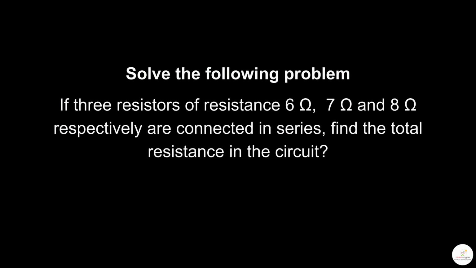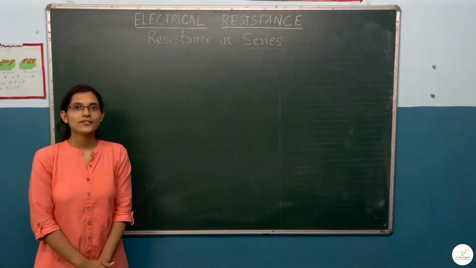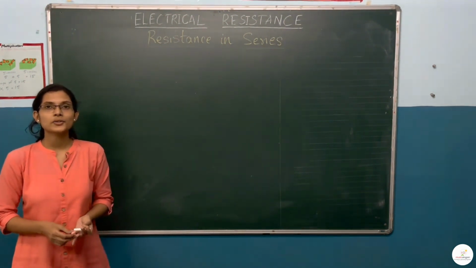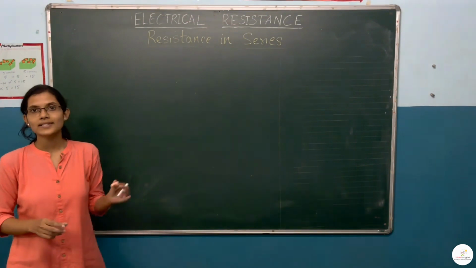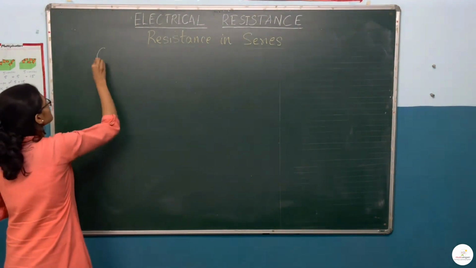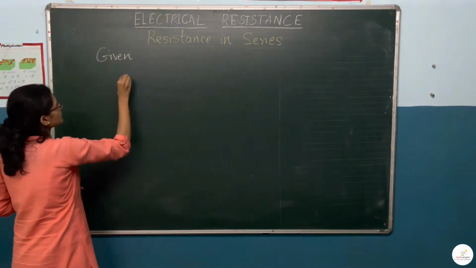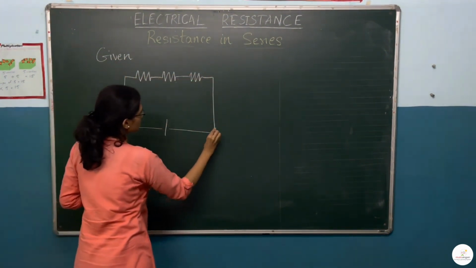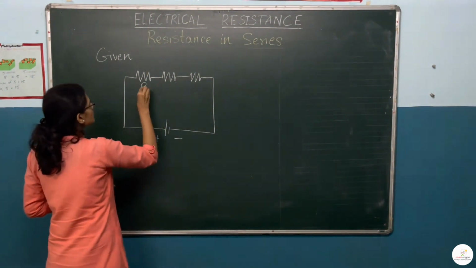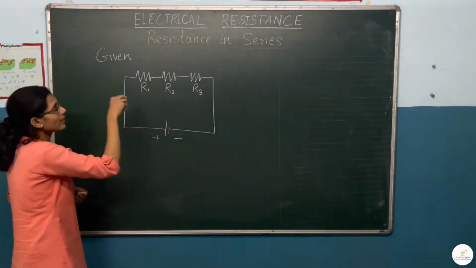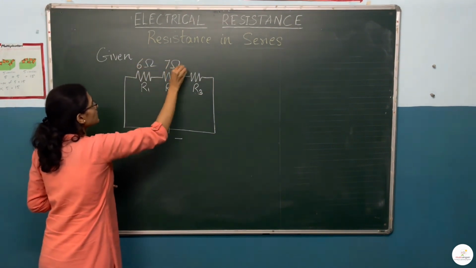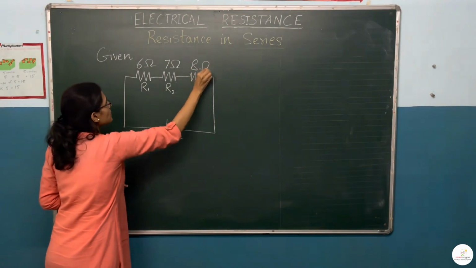As you all have read the question, let's solve it. It is essential to draw what's given in the question, so I'll start with the diagram. R1 is 6 ohms, R2 is 7 ohms, R3 is 8 ohms.